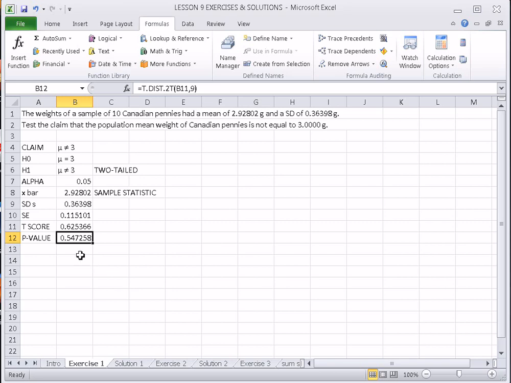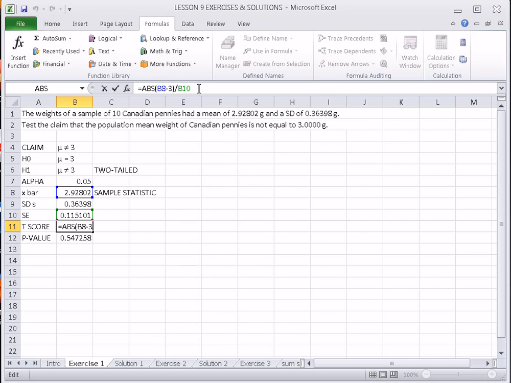All right, so we have a p-value of 0.547. So again, let's review the t-score. The t-score is going to have to be a positive value when using a two-tailed test. So we have the absolute value to make it positive of the difference between the sample mean and the assumed population mean.